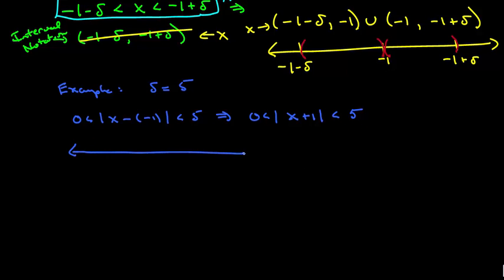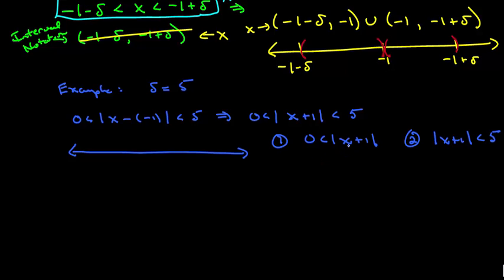We've got two separate problems here. Problem number 1 is 0 is less than the absolute value of x plus 1, and problem number 2 is the absolute value of x plus 1 is less than 5. So let's look at the graph for this part right here.